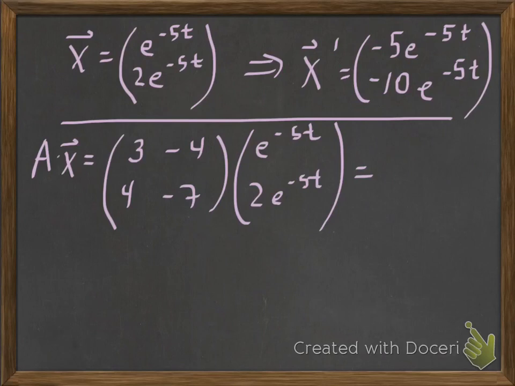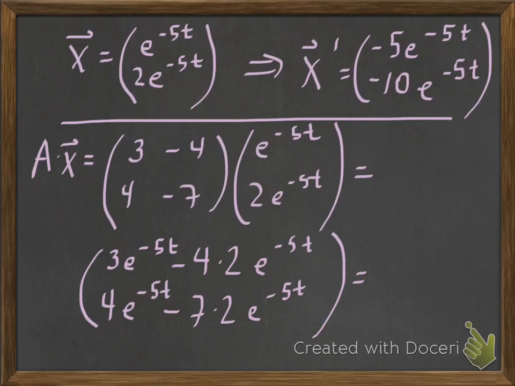So I'll take A, which is (3, negative 4, 4, negative 7), times (e^(-5t), 2e^(-5t)). When we multiply, in the first component we get 3 times e to the negative 5t minus 4 times 2e to the negative 5t.